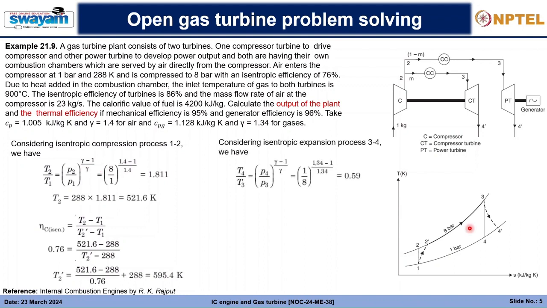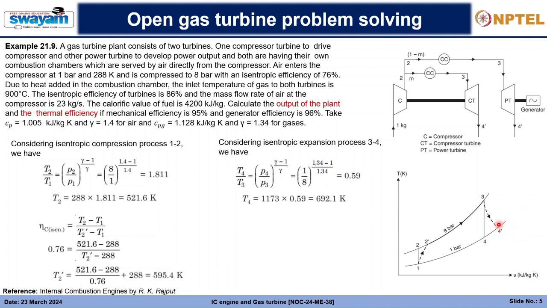Next, we'll have to consider the isentropic expansion process initially for the turbine, and with that, the temperature ratio T4 and T3 is related to P4 by P3 by this expression, and eventually we'll find the value of T4, and that is not the actual temperature. We need to find the T4 dash.